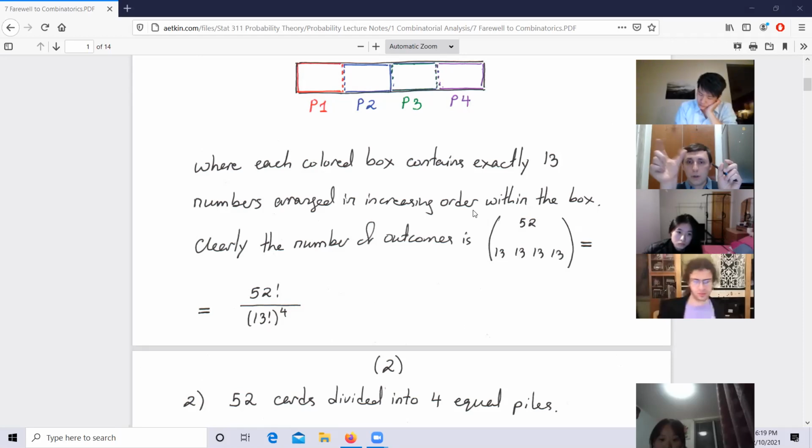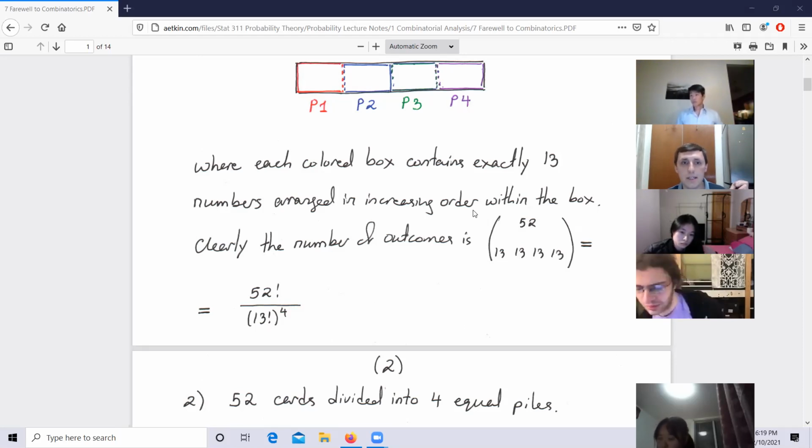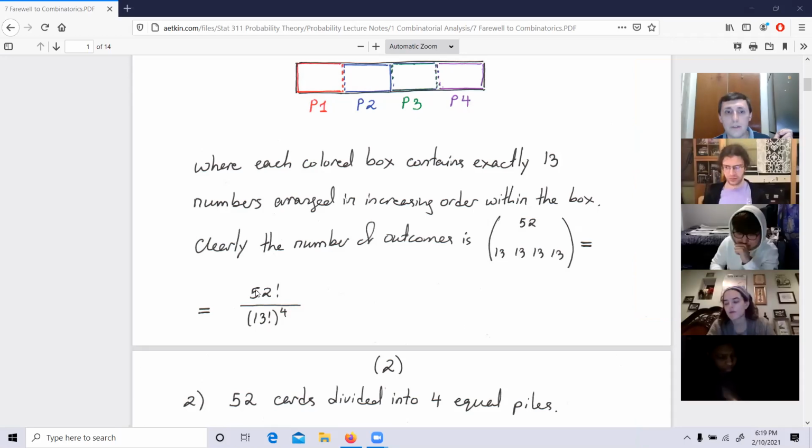Independently, 13 factorial permutations for the next box, and there are 4 such boxes. So independently, there are 13 factorial to the power 4 permutations. Those are the synonyms; those codes represent the same outcome. Do you see that? So the answer is 52 factorial divided by 13 factorial to the 4th power.